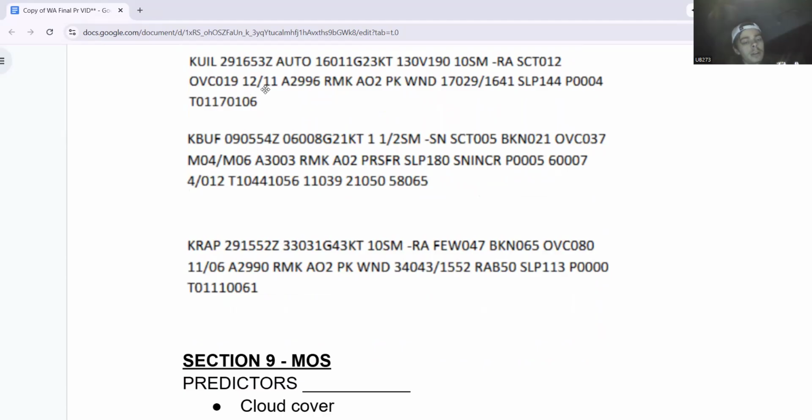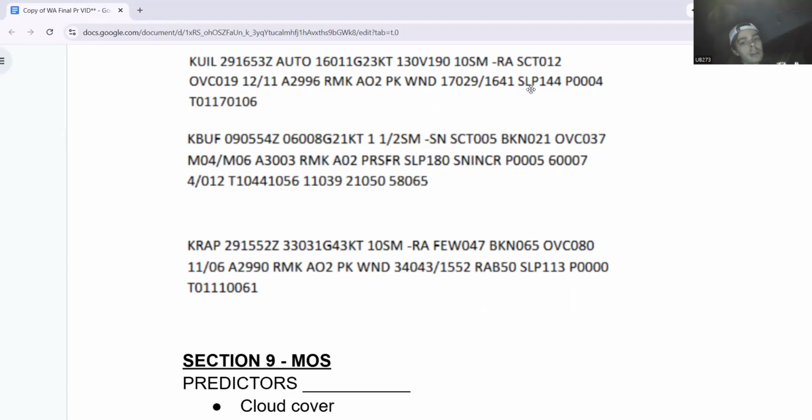Temperature 12 degrees Celsius, dew point 11 degrees Celsius. Altimeter 29.96 inches HG. Additional remarks: it can detect precipitation type. Peak wind, I'll skip the things I already said.